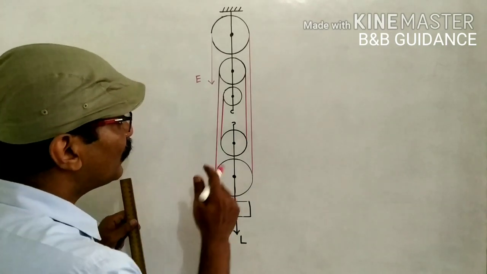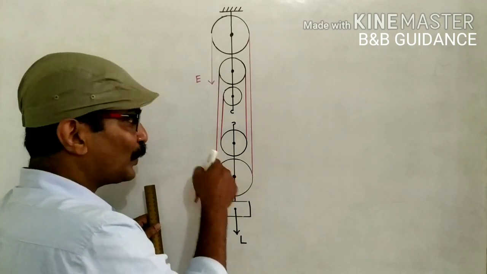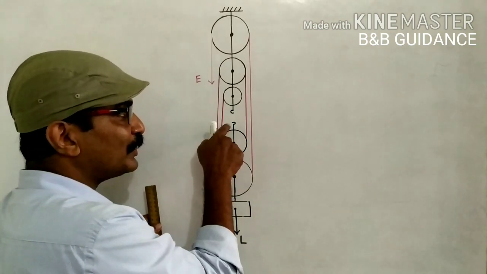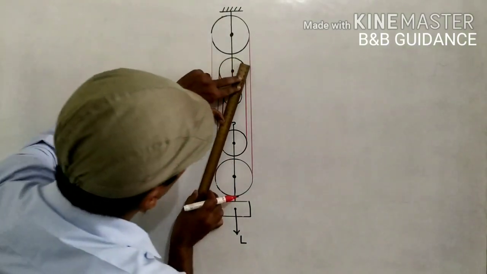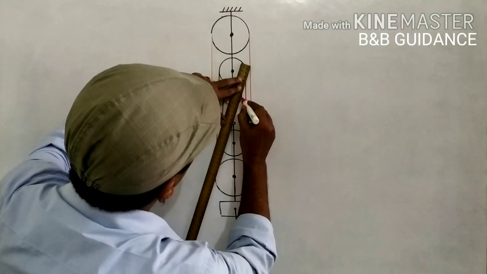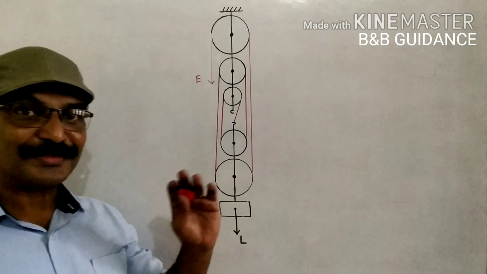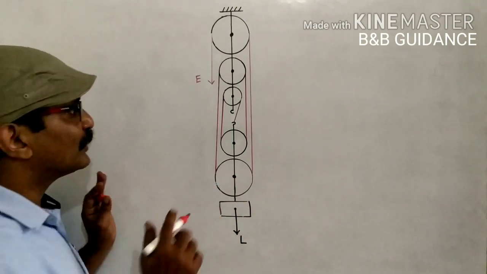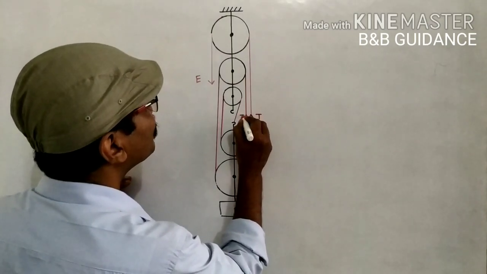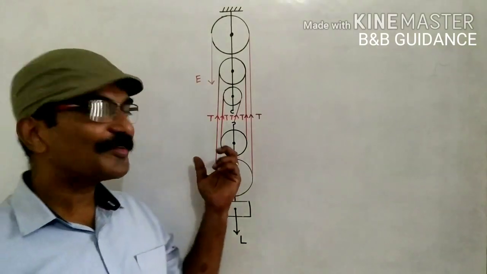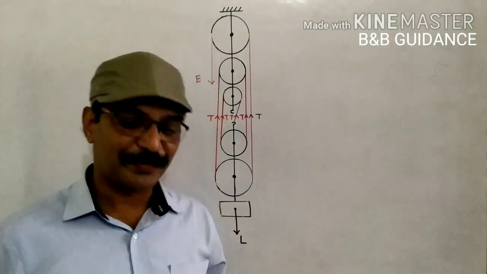So we have to connect the rope to the hook of the lower block. See? But this is not enough. We have to show the tension. So here, tension. Yes, this is the diagram of a block and tackle system of velocity ratio 5.